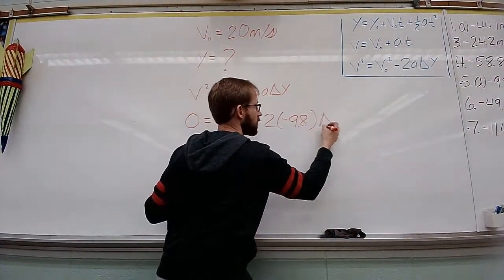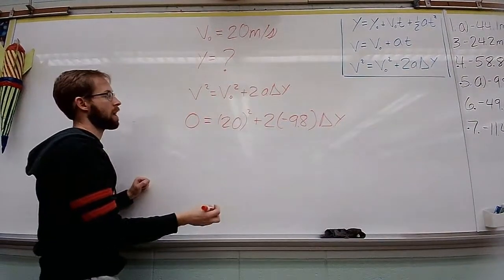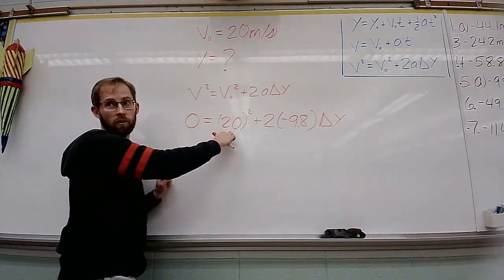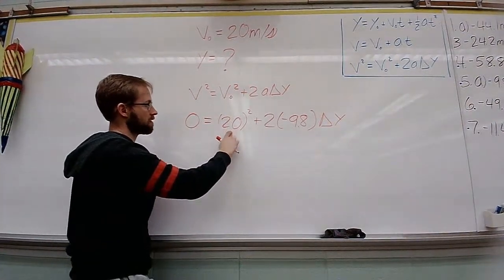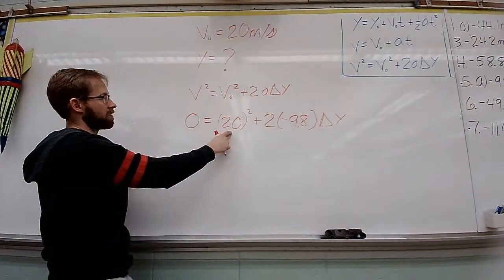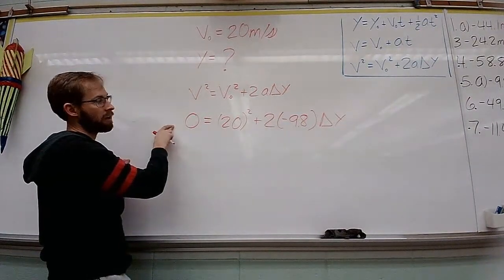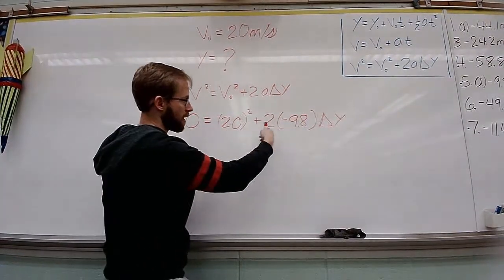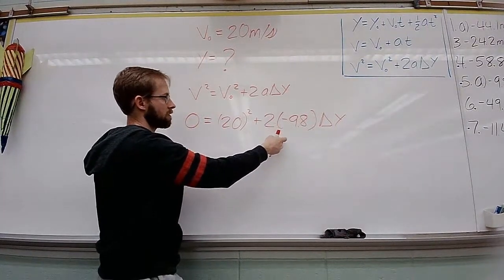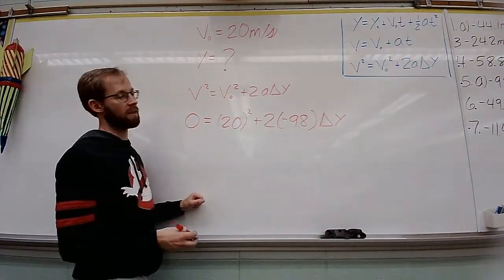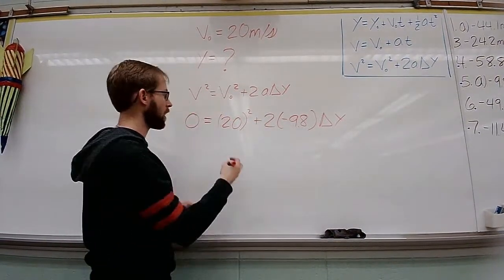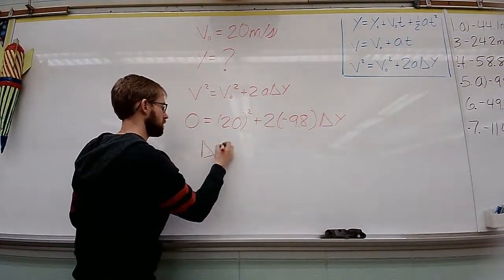And then you would solve for your change in height, y. So then we just shift this 20 squared, I think that's 400. So that would go over here and it would be negative. Divide that by negative 19.6, and that would get you your change in height, equal to 20.4 meters.